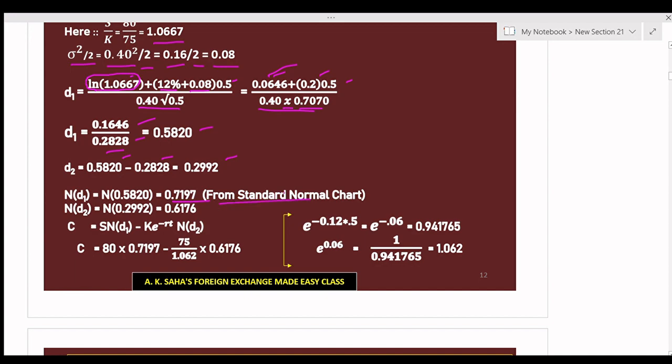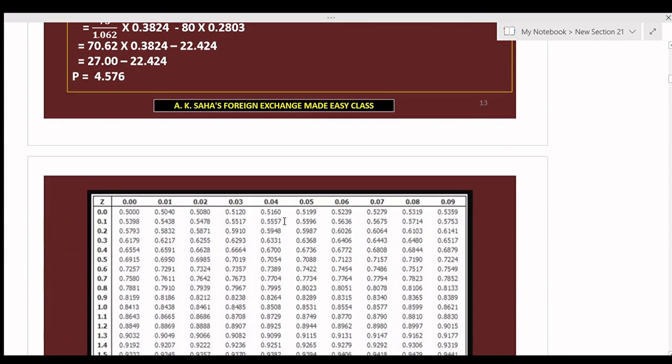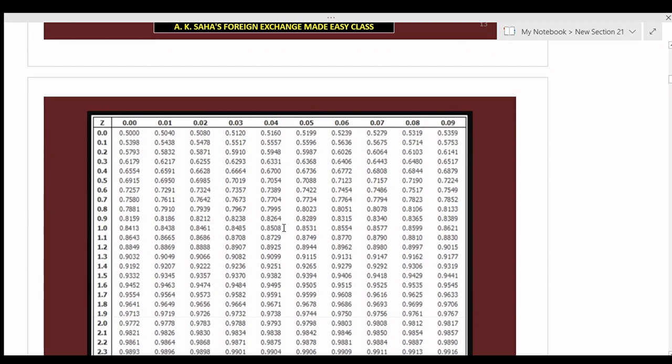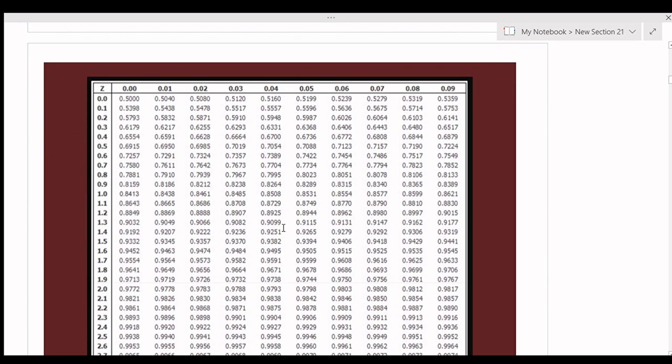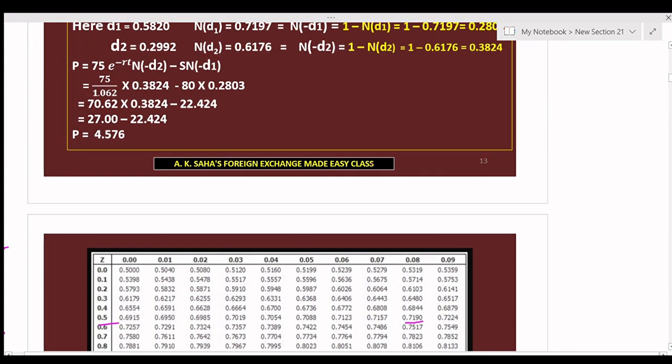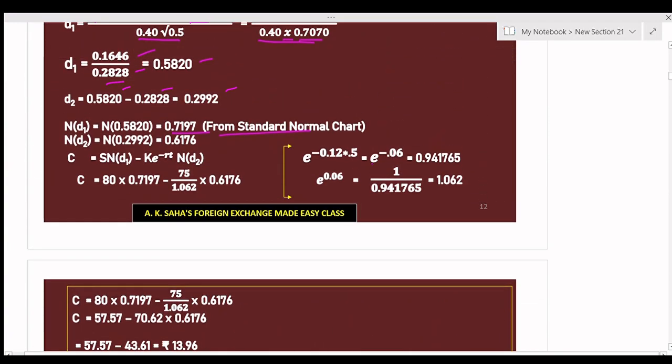Now you consult the normal chart, 0.58, it is 0.7190.